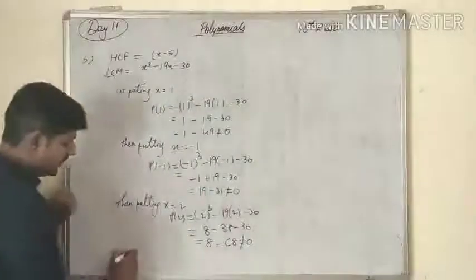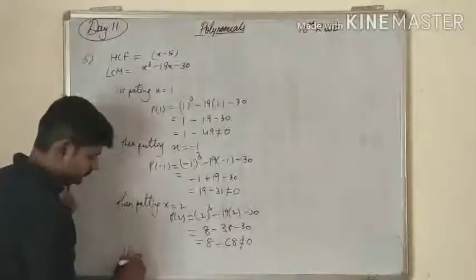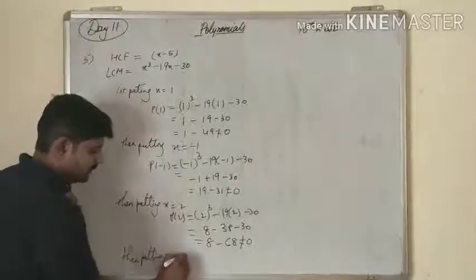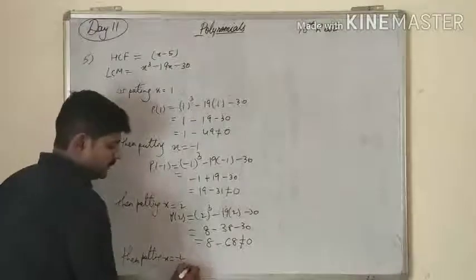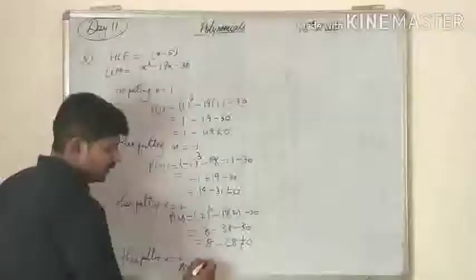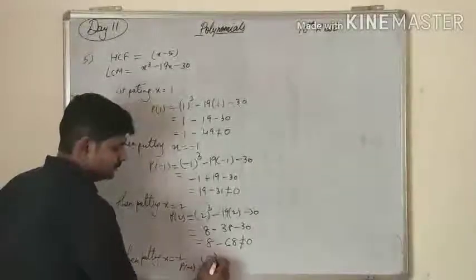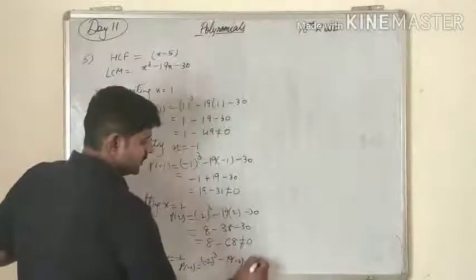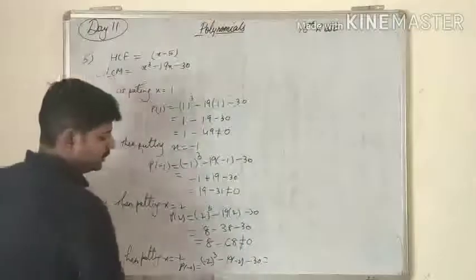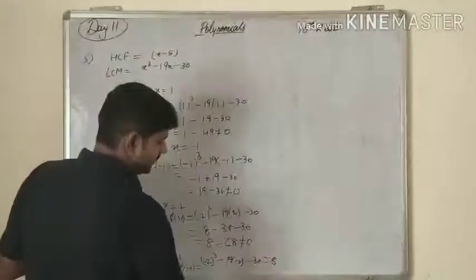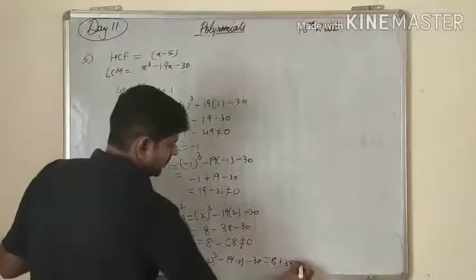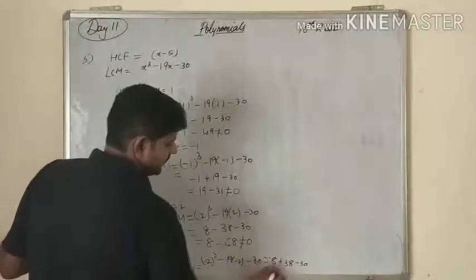So by putting x equals to minus 2, there will be minus 2 cube minus 19 into minus 2 minus 30. So 2 cube is 8 but negative, it will be positive 38, and this is minus 30, and it will be 0.